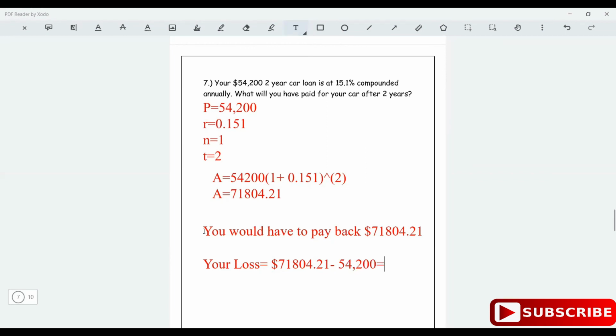So look how much money you're losing. That's crazy. That's a lot of money. That is 17,604.21. That's a lot of money to lose right there.